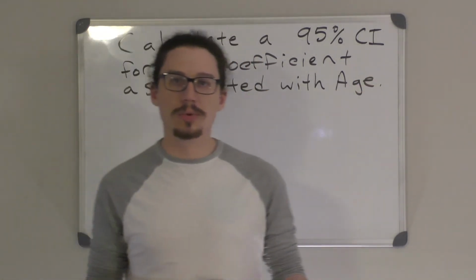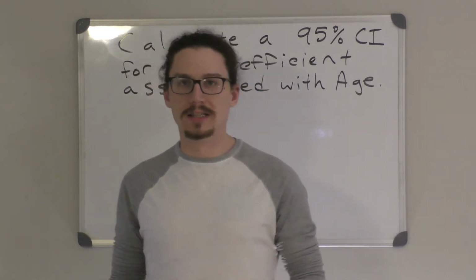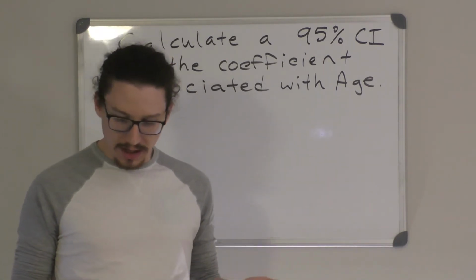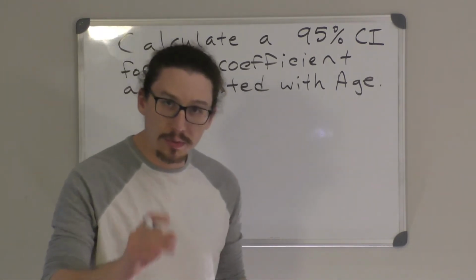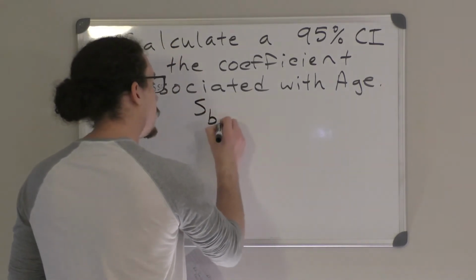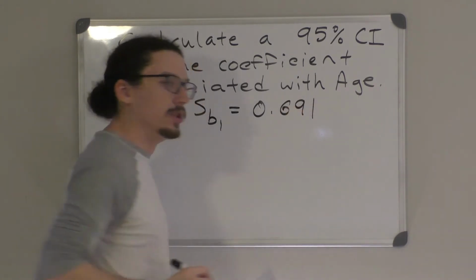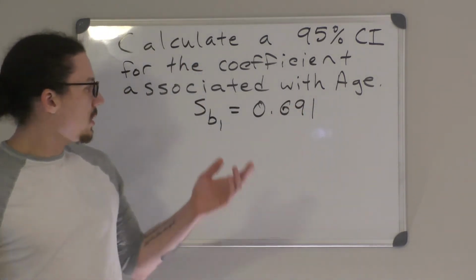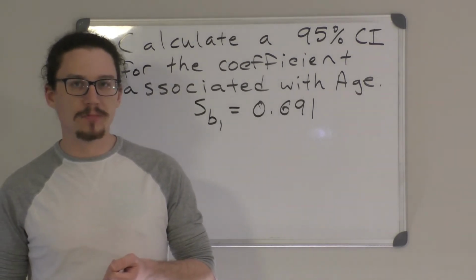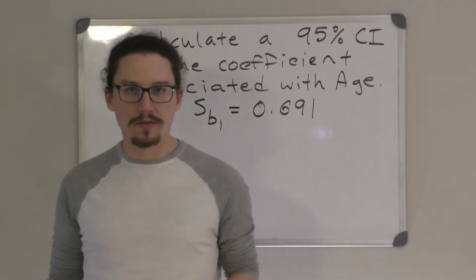So we're finding a confidence interval for the B1 that we estimated. Before we set that up, I do need to note that our standard error is equal to 0.691. The rest of it we've already seen, but this one we haven't gotten yet. So let's start filling this in.